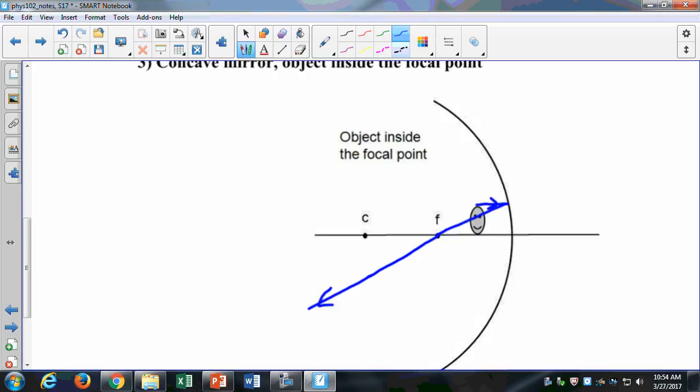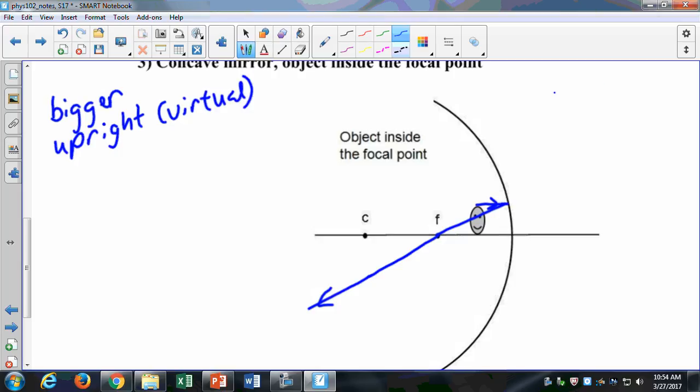If you remember from last time, we're headed towards a bigger image, an upright image. And you should remember that if it's upright, it also has to be virtual. And if it's virtual, that means it has to be back here in this space. This is what I like to call the virtual space of the mirror. A bigger, upright, virtual image.